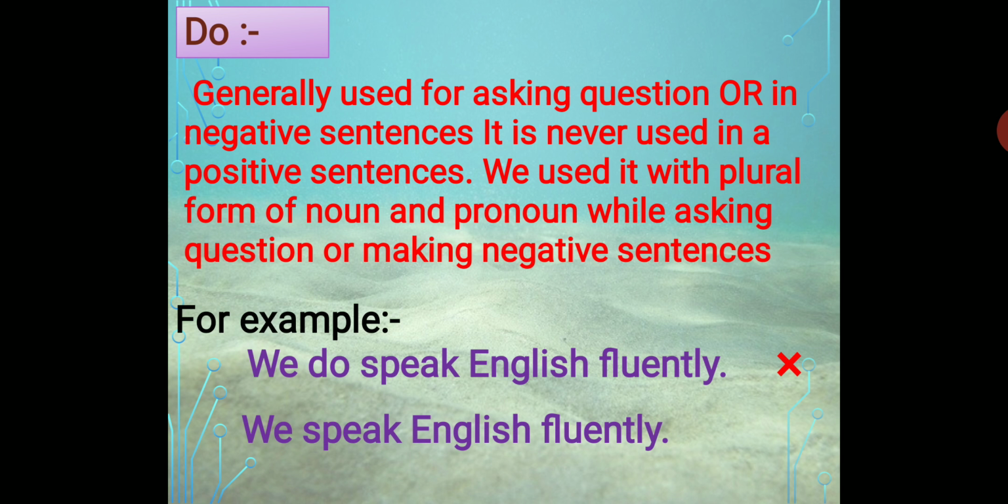It is the right formation of the sentence. Here, speak represents the auxiliary verb. Means we know that we use do with the plural form. So without any changes, we write the same verb with the plural noun and pronoun. So the auxiliary verb is absent in the sentence.